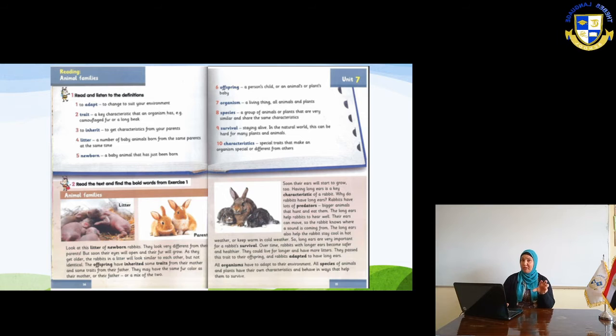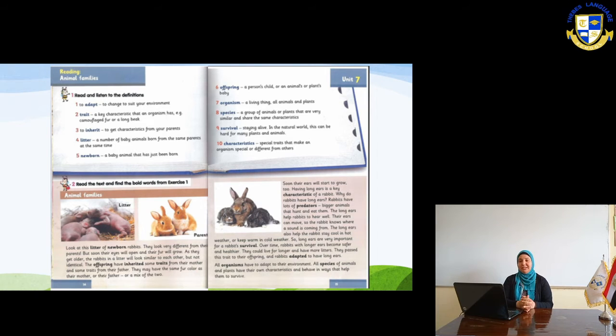So everyone should have their own characteristic features. If you look at the pictures here, you can see rabbits, right? Here are the litter and the parent.